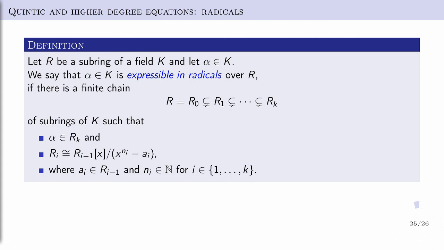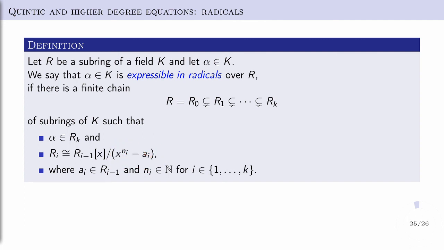The definition may look quite complicated, may look quite intimidating, but it says that some element alpha is expressible in radicals over a ring R if we can get from the ring R in a finite number of steps to a ring such that alpha will be in the last ring, and each of these rings is constructed from the previous ring by just appending the nth roots of some ai.